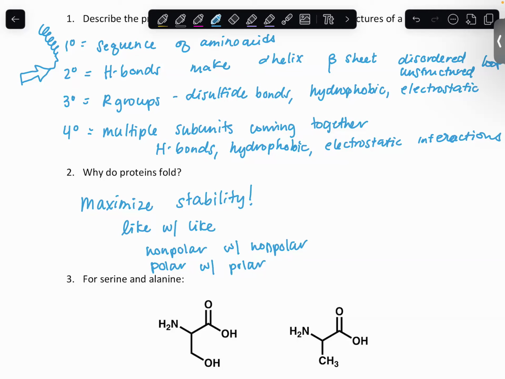Is that technically the hydrophobic ones? It can be, yeah. So what's the difference between all those? Are they all the same? They're all the same in that they're all interactions that bring certain parts together of the amino acid chain itself, but the chemistry behind each of them is different. So a disulfide bond, that's literally a covalent bond between sulfurs. And that is going to be really strong.